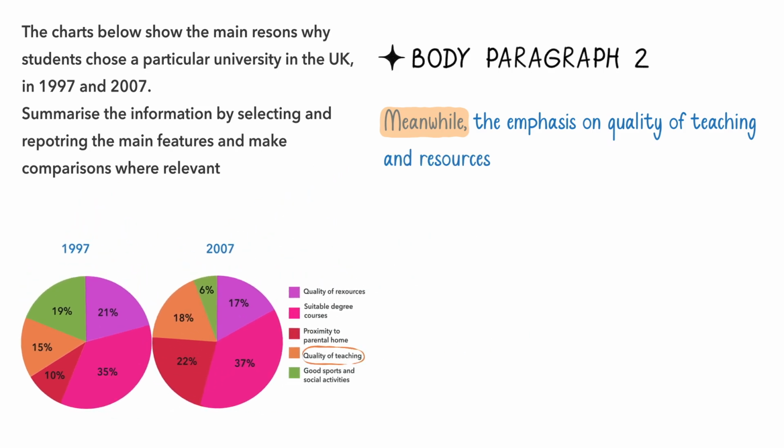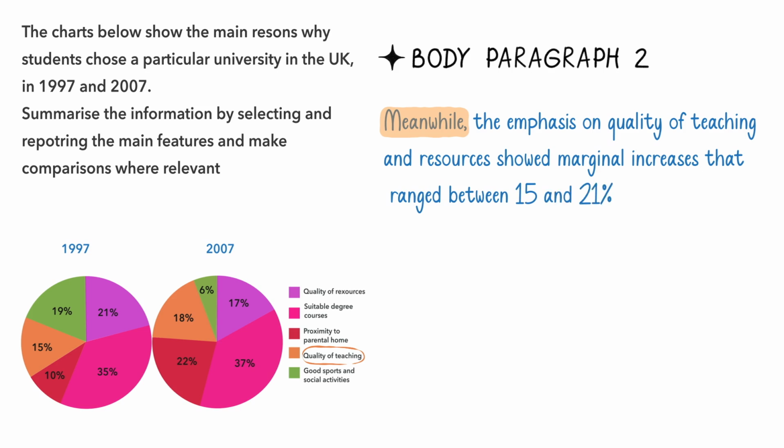So, meanwhile, the emphasis on quality of teaching and resources showed marginal, it means very low, a bit, marginal increase that ranged between what? 15 and 21 persons for both categories, right?